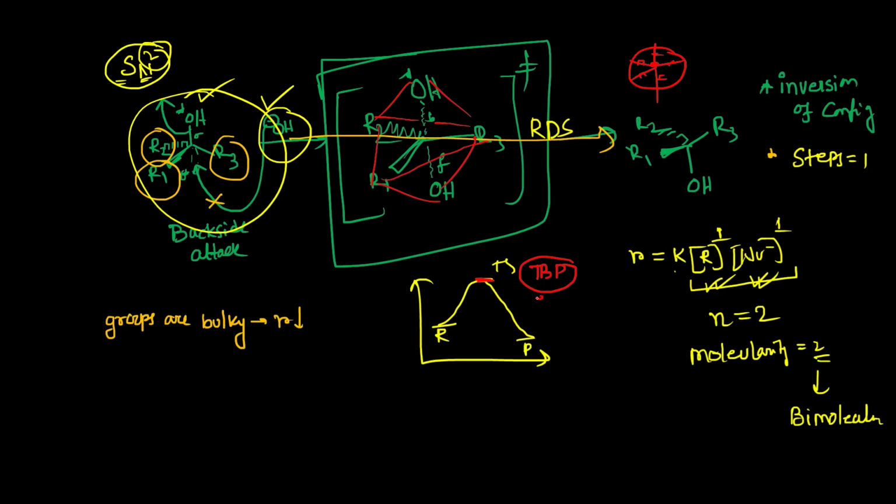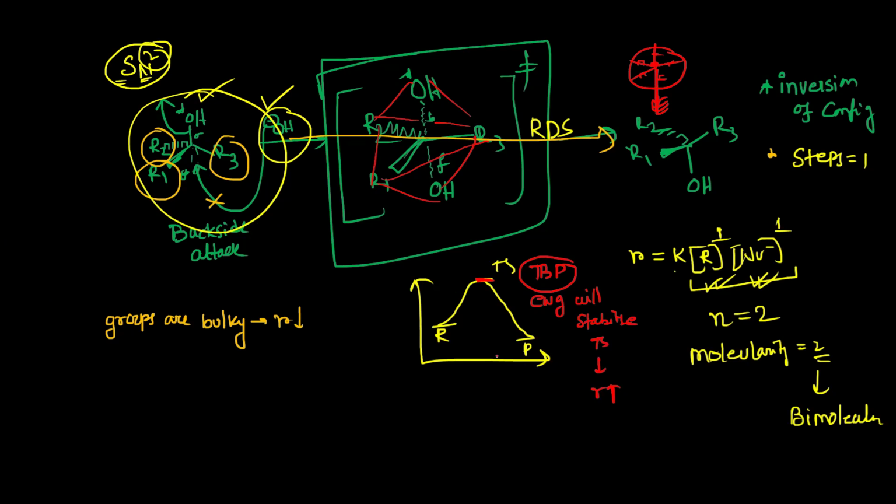That means an electron withdrawing group will stabilize it. As it is electron rich, the more electron withdrawing group will withdraw electron from here, that will stabilize this system. So an electron withdrawing group will stabilize the transition state and the rate will increase. But in the previous case, an electron donating group was stabilizing the carbocation and that's why it was increasing. But here it's the opposite.